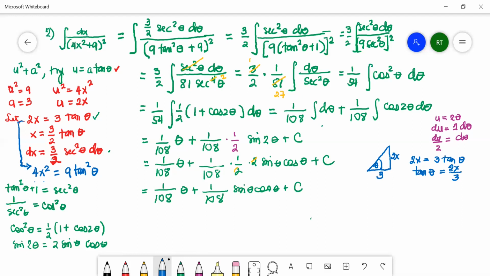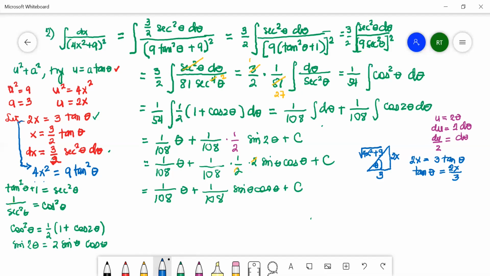And if we determine the value of the hypotenuse, then the hypotenuse is equal to the square root of the sum of the squares of the other two sides, which will be 4x squared plus 9. So the hypotenuse is equal to the square root of 4x squared plus 9.